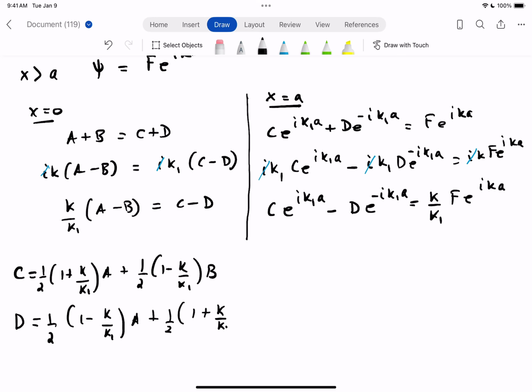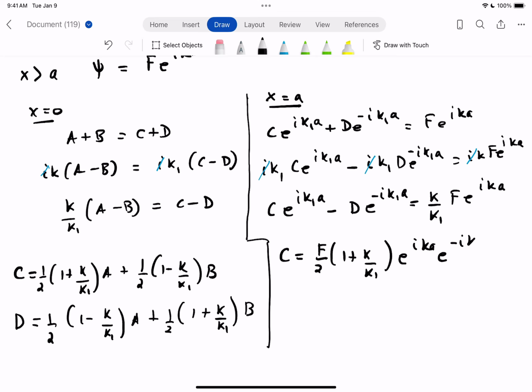Alright, and we can also solve for C and D from the right side here. Again, we are going to add the first and the third equation on the right, and that will give us C = (F/2)(1 + k/k1) e^(ika) e^(-ik1a).